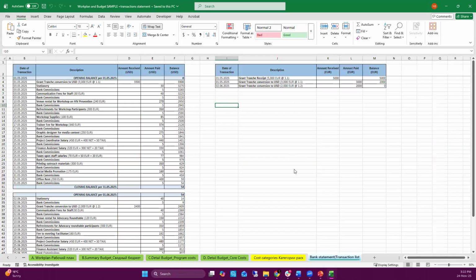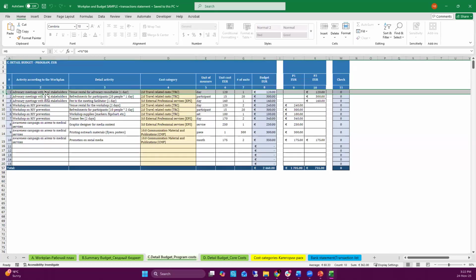Now let's go through the budget. So let's say that we have advocacy meetings with some local stakeholders, in the scope of which we are planning to have some kind of meeting, like an advocacy roundtable.